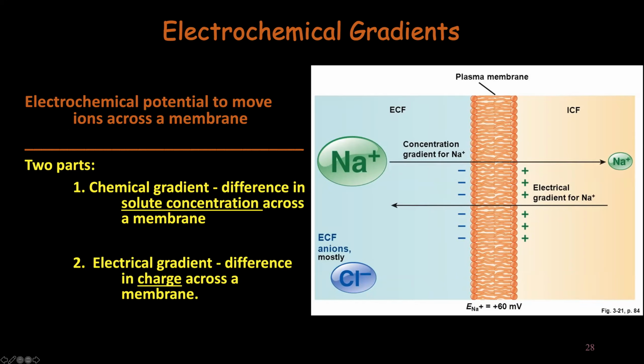So ions are transported across either with their concentration gradient or against it, and charges can vary, can be more positive or more negative, and this is called an electrochemical gradient, which is based on two things, the chemistry and the electricity. Chemistry being the ions, the electricity being the charges on opposite sides of the membrane.